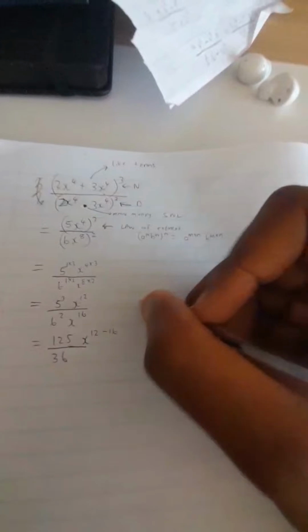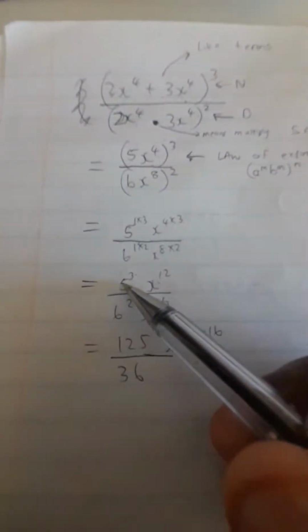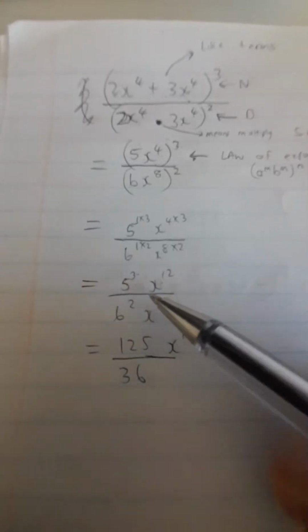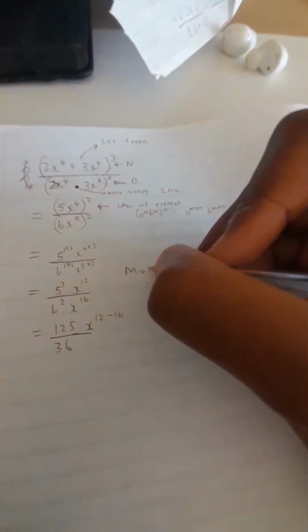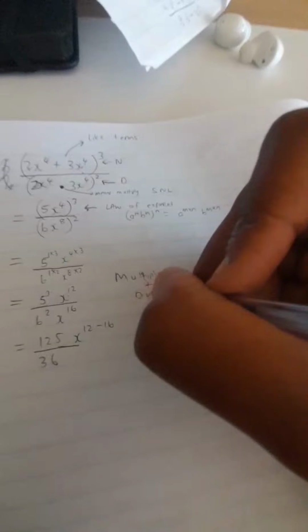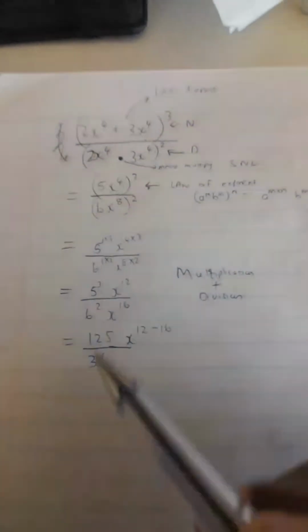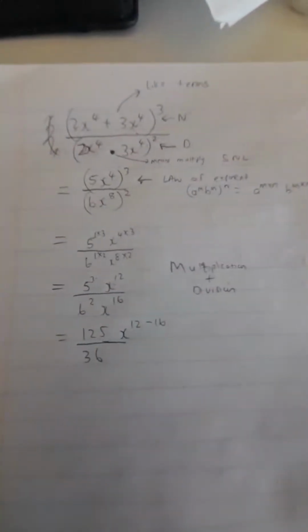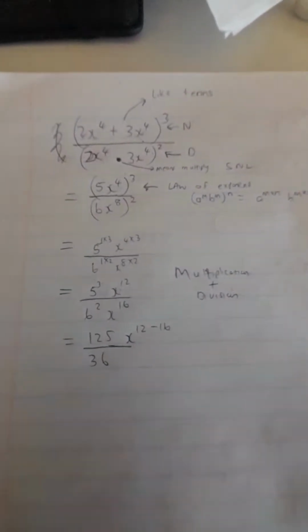When we get here, the relationship between the numerical bases and the variables is one of multiplication and division. Where there's multiplication and division, we can easily apply law number 1 and 2 of exponents, right?